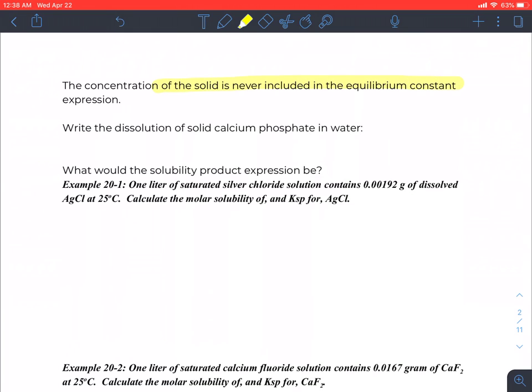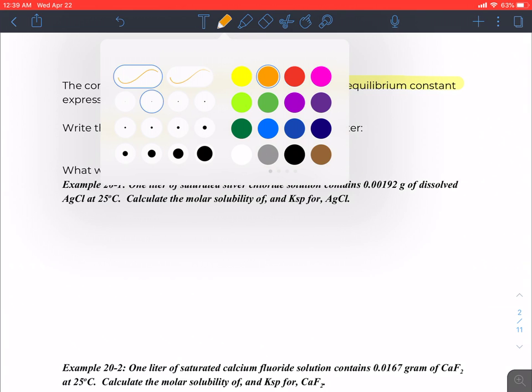Okay, so let's practice this. Write the dissolution of solid calcium phosphate in water, and we can go ahead and write the KSP as well. So let me zoom in here.